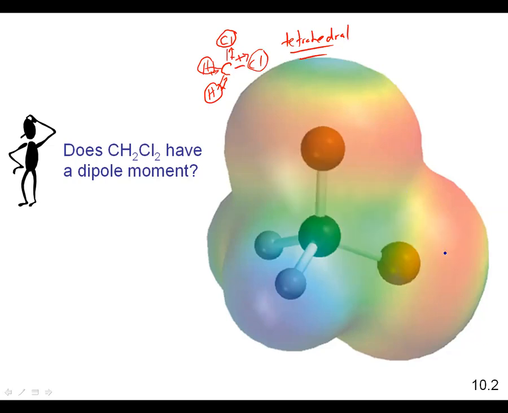And it will be polar because essentially what we got going is we have the chlorines pulling this way, and really the hydrogens are kind of helping pull that way. And we'll get a net dipole moment happening over here where the chlorines are, more positive happening down there where the hydrogens are. And this guy would be a polar molecule in this case.